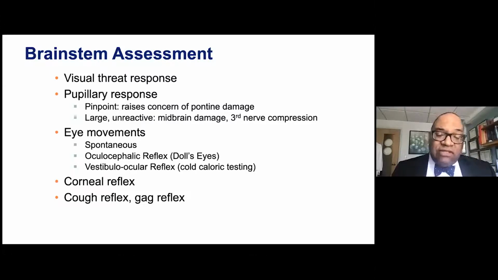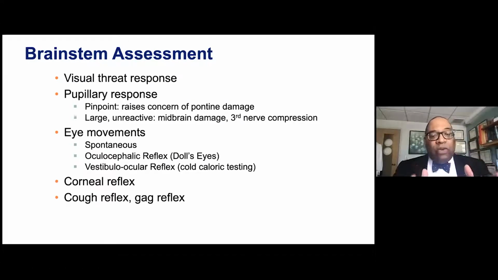If your patient is found in the unresponsive state, they will have a cervical collar and you will not be able to perform the doll's eye reflex. But for those where you can perform the procedure, the normal response is, you open the eyes and the eyes are straight ahead, you turn the head quickly, and then the eyes will move towards the head like this.